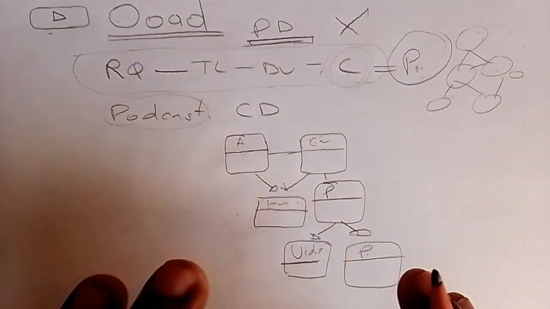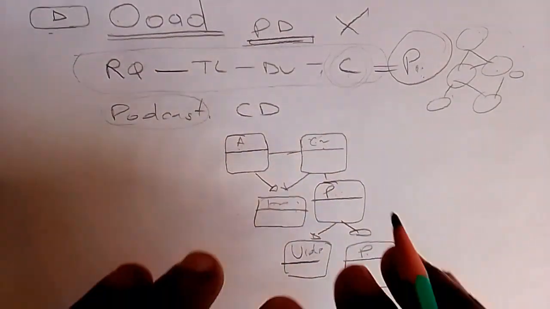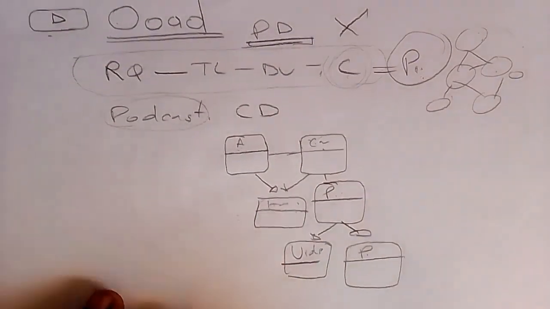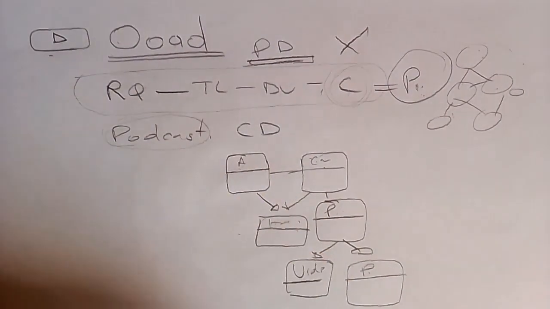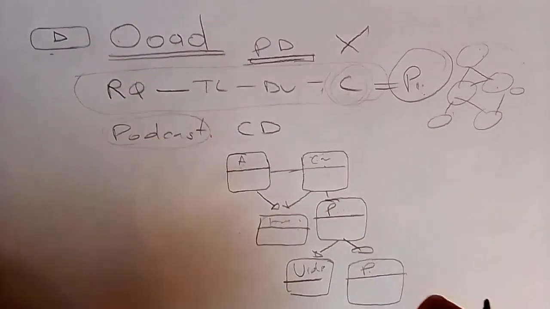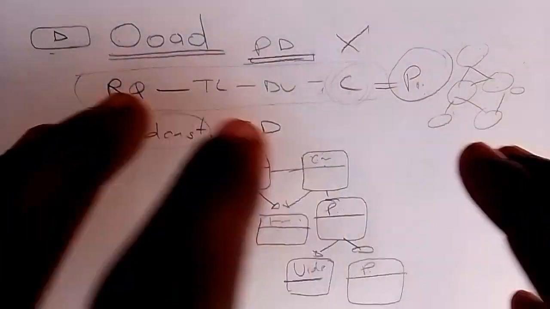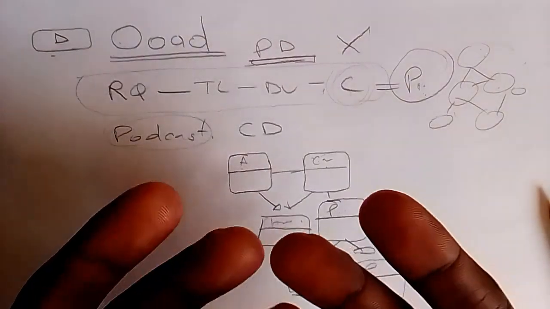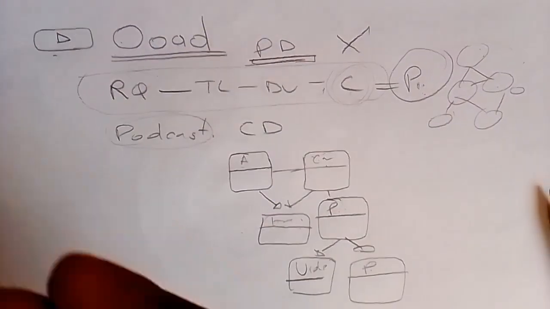Guys, this is just a very minimalistic bird's eye view of object-oriented analysis and design. But basically what you do in the OOAD, number one, you define the problem that, okay, this is the problem that we are trying to solve. Number two, what are the components, what are the things that are involved in this, how are the different parts of the system going to work together in order to solve the problem.